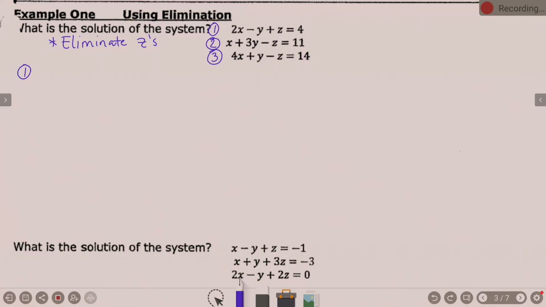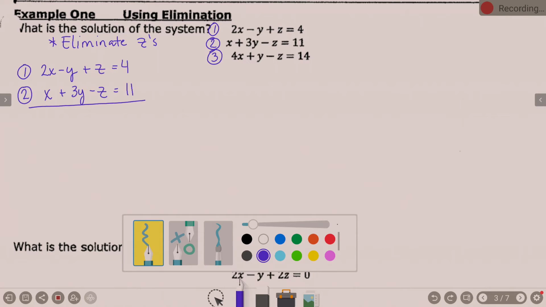So I'm going to come over here and write out my equations. Equation 1 is 2x minus y plus z equals 4. Right underneath it, equation 2 is x plus 3y minus z equals 11. Do I add or subtract these two equations together?